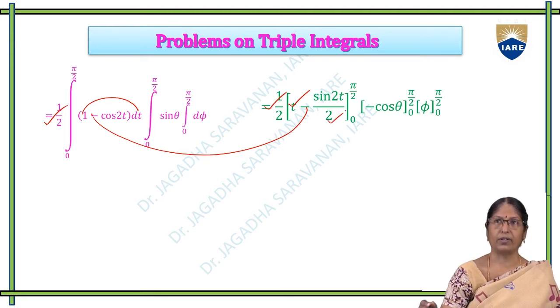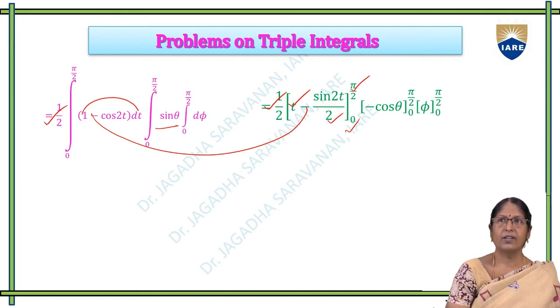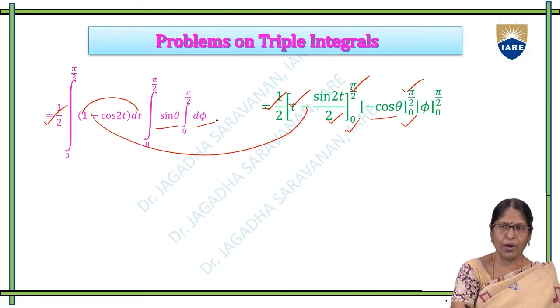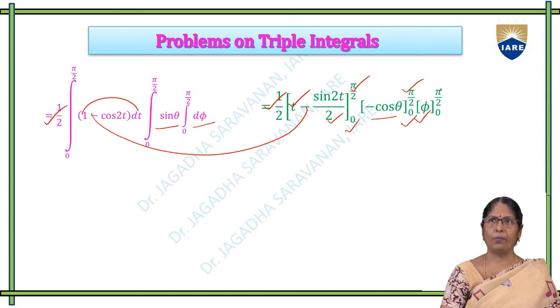That's what is written here, from 0 to pi by 2. The second integral is sine theta. The integral of sine theta is minus cos theta, 0 to pi by 2. The last one d phi, the integral is phi from 0 to pi by 2.